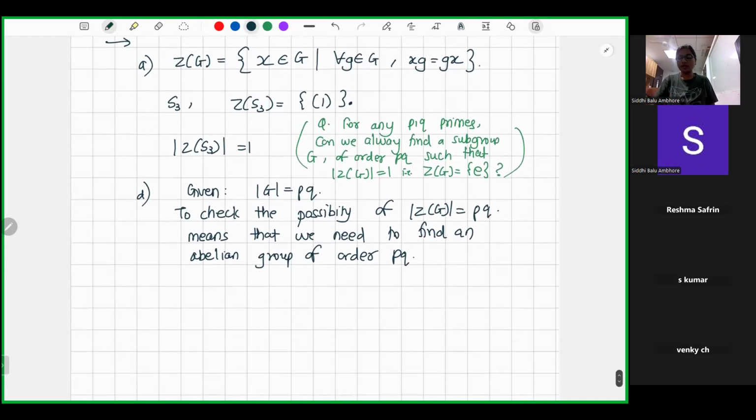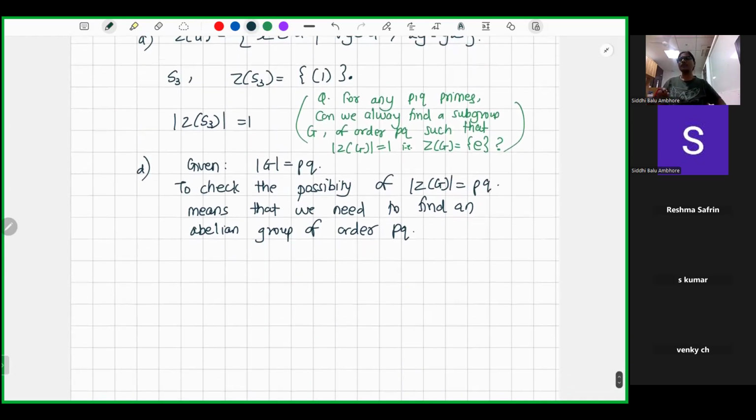But for now, this G has order PQ. So can we always have an abelian group of size PQ? Do we know such groups which are abelian and of size PQ? We can take ZPQ under addition.